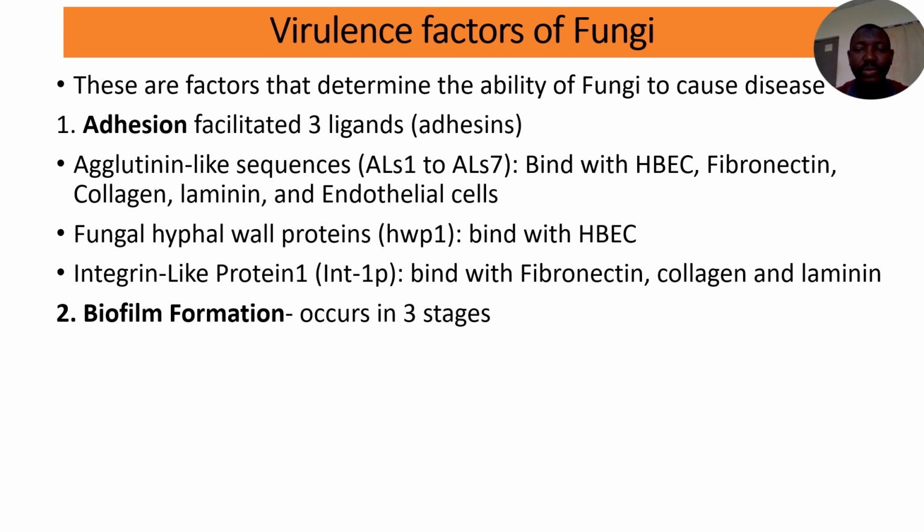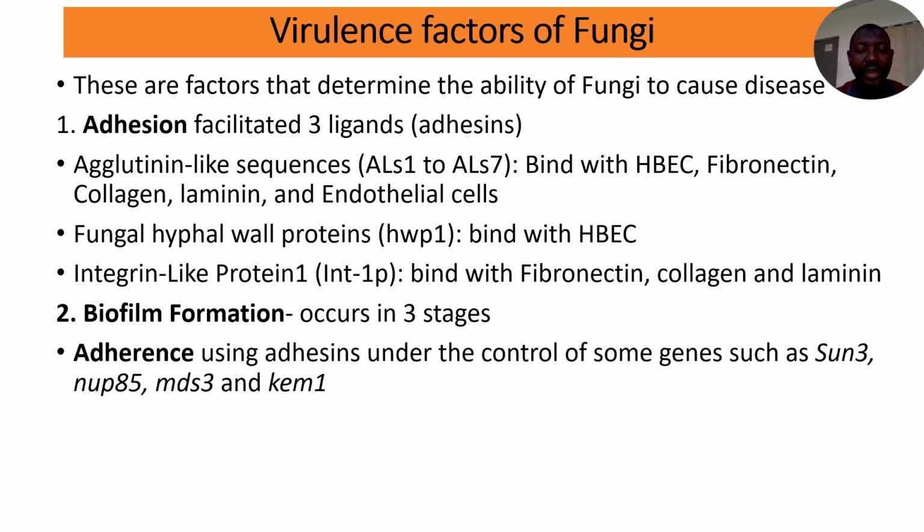Now, this biofilm formation takes place in three main stages. The first one is adherence. Adherence involves irreversible attachment of the fungal cells or tissues using so many adhesion factors such as the hyperwall protein we talked about, the integrin-like proteins, agglutinin-like sequences, and so on.